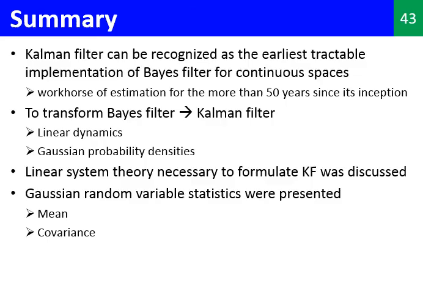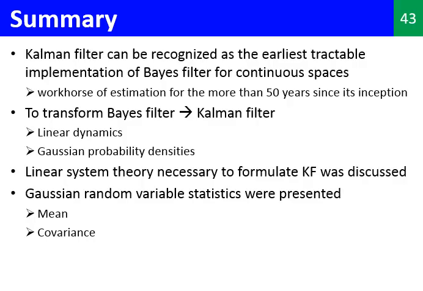With that, we have come to the end of this lecture. We introduced the Kalman filter as the earliest tractable implementation of the Bayes filter for continuous spaces, and it has been used as the workhorse for estimation for more than 50 years since its beginning. Now, to transform the Bayes filter to the Kalman filter, we need linear dynamics, and we also need Gaussian probability distributions.